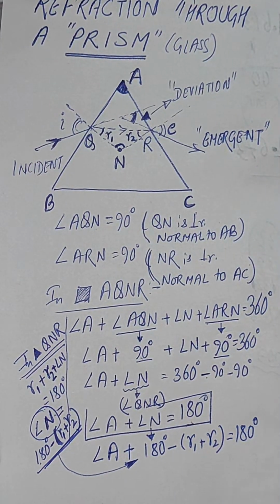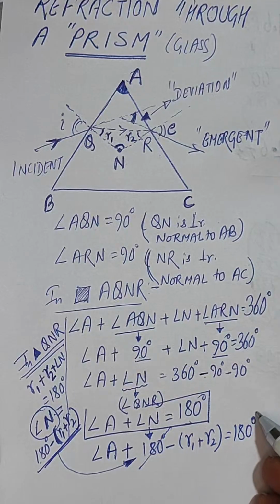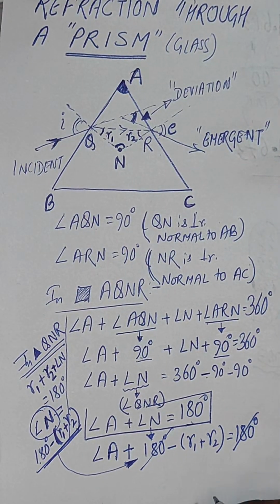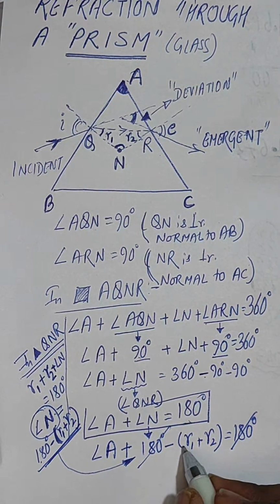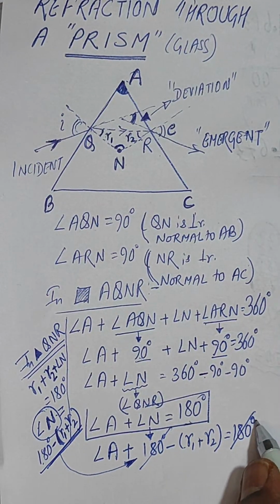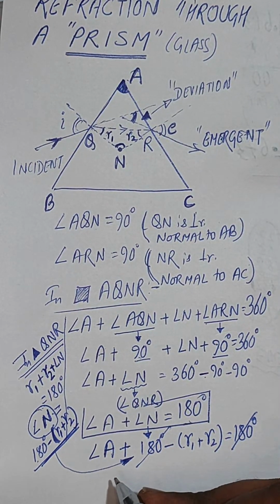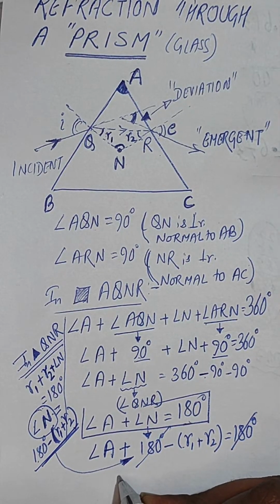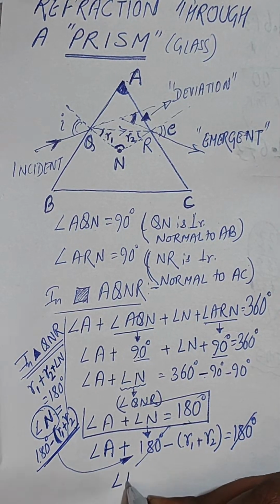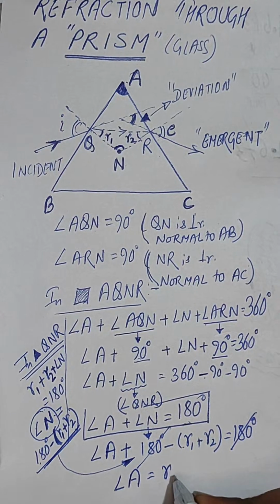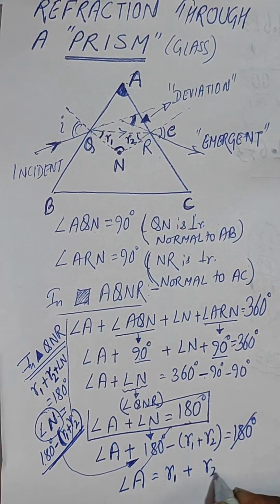Here 180 and 180 will cancel, and we will get R1 plus R2 going into the RHS, which will be equal to angle A. So we get angle A is equal to R1 plus R2.